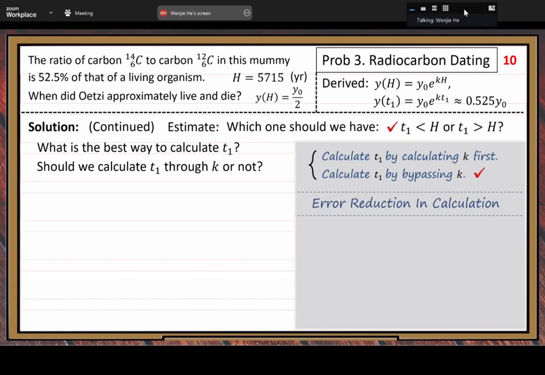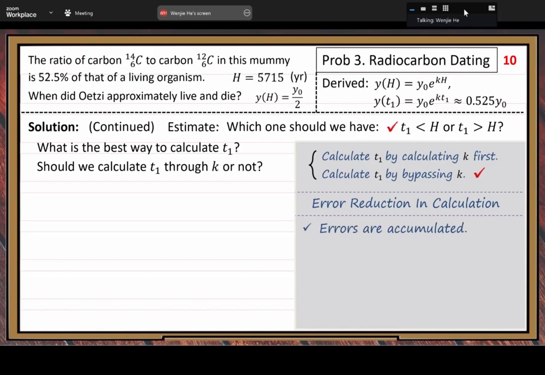So here, I want to talk about this error reduction in calculation. We want to find a way to make our error as small as possible. For engineering people, we want to make our final result as accurate as possible, right? So you do your best to make your final result as accurate as possible.